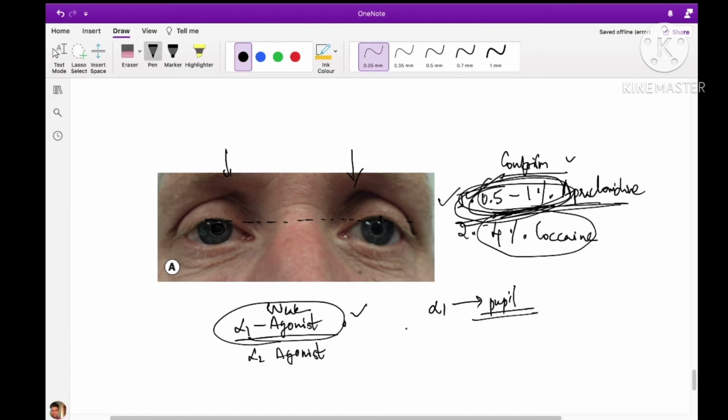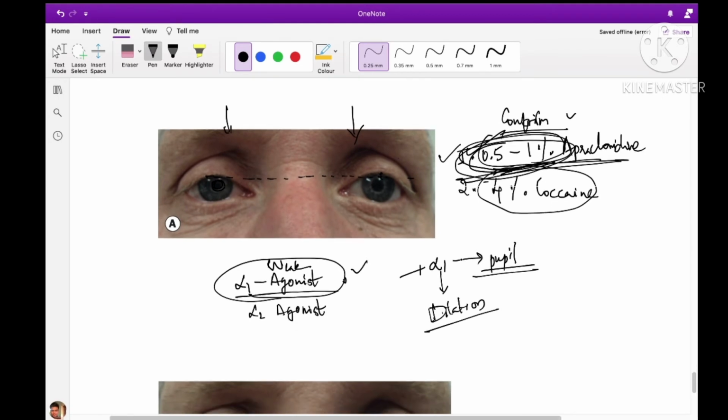Now let us see what the results are. In the pupil, alpha 1 agonistic stimulation causes dilation of the pupil, but it's a lower concentration. In a normal eye, it won't cause dilation of the pupil.